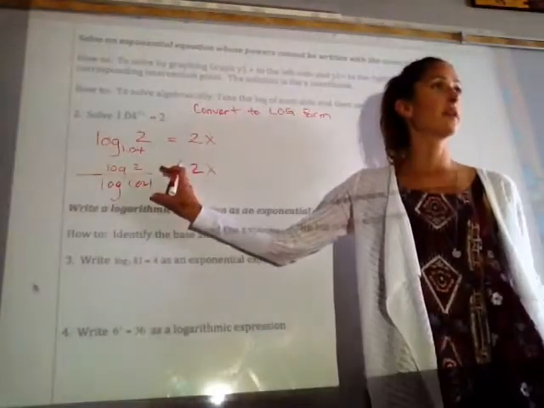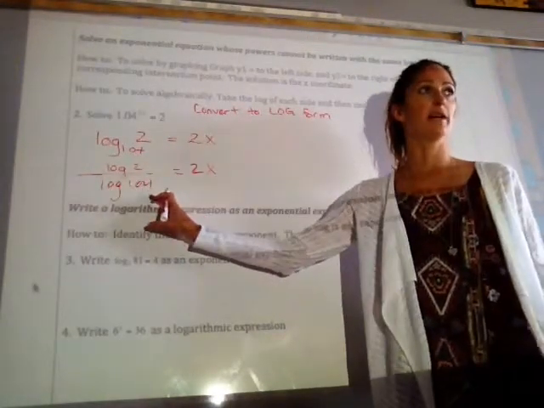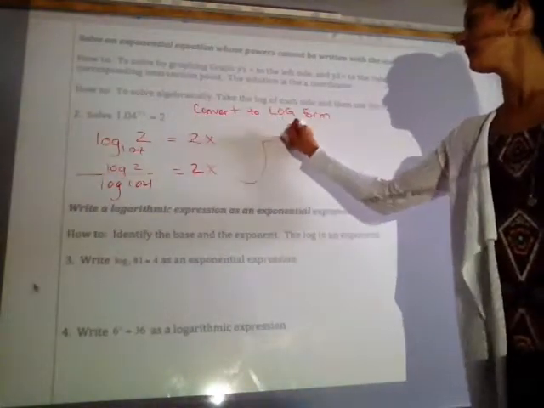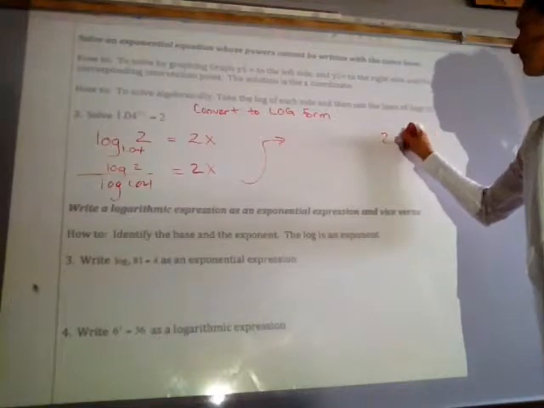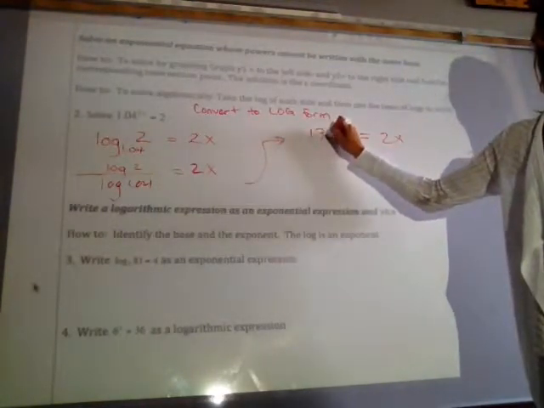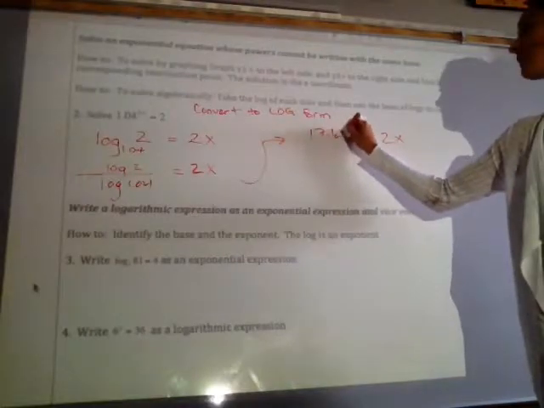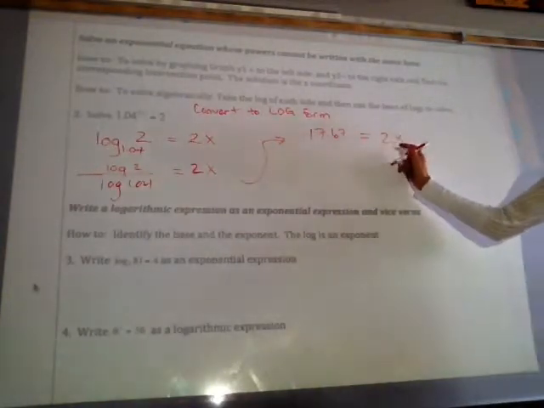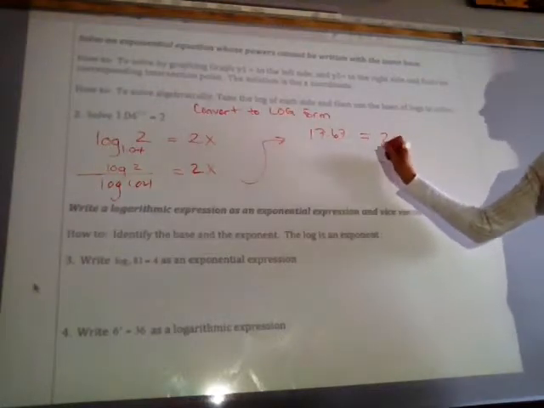Okay, I want you to evaluate what is log 2 divided by log 1.04 first. Calculate that first. Yep. 17 point something. Okay. Now if I want to solve for x, then I can divide by 2.